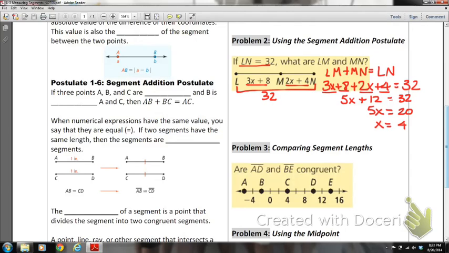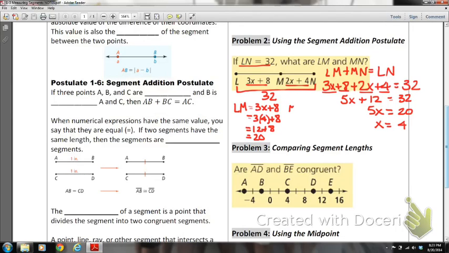That's not what the problem's asking for. It's asking for the length of LM and the length of MN. So the length of LM from the diagram is 3x plus 8, which is 3 times 4 plus 8, which is 12 plus 8, which is 20.